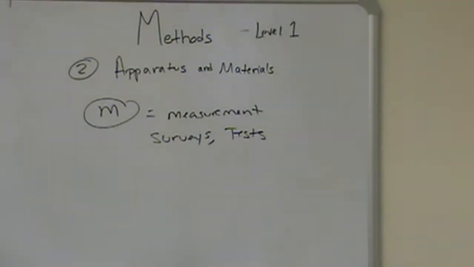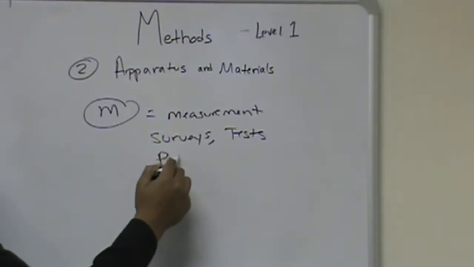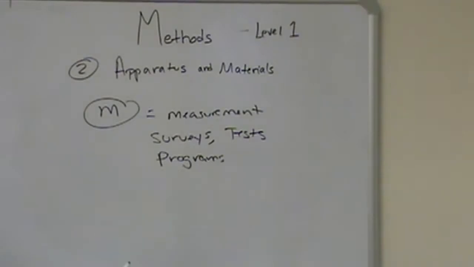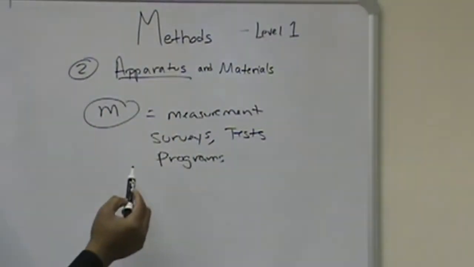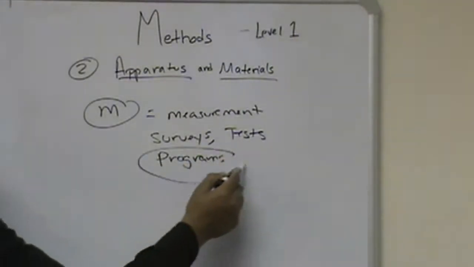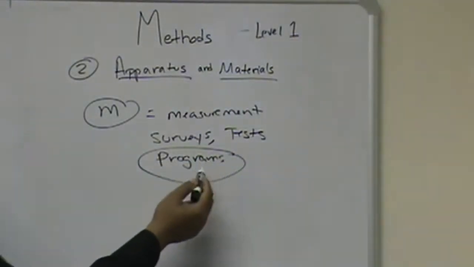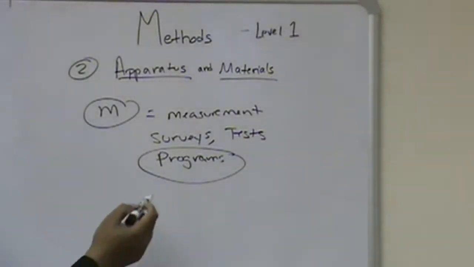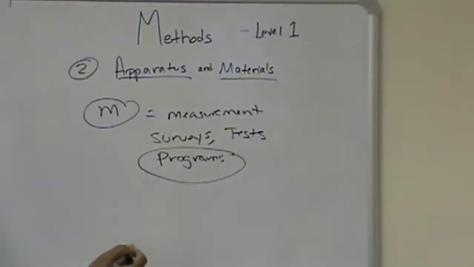You're going to be using certain computer programs. Note the difference, right? The computer itself is an apparatus, but the program is the material. The program is the actual thing that is measuring the students, maybe their verbal ability or so forth. That's the measurement, that's the material. But the computer itself is the apparatus. So now you know the difference. So again, you need to describe these in really, really good detail so that I can repeat your study.